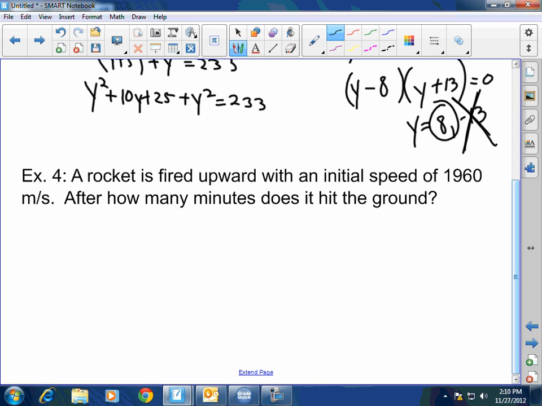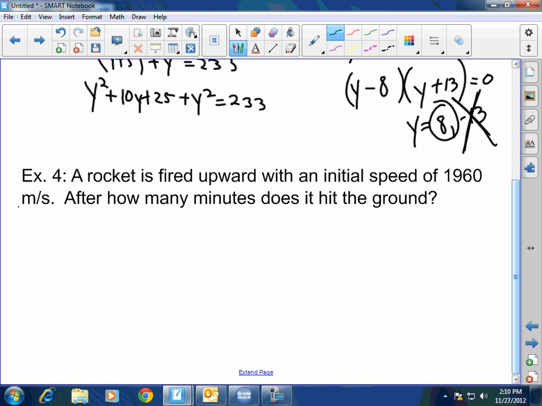We're going to number 18, and it says here on the sheet of paper for exercise 17 to 23, use h equals rt minus 4.9 t squared, where h is in meters, and the formula h equals rt minus 16 t squared, where h is in feet. Okay? And it says here, a rocket is fired upward with an initial speed of 1,960 meters per second. After how many minutes does it hit the ground?